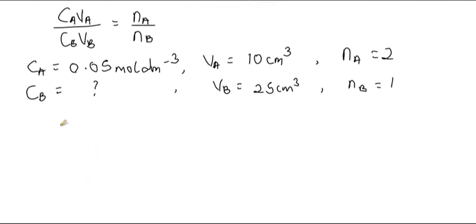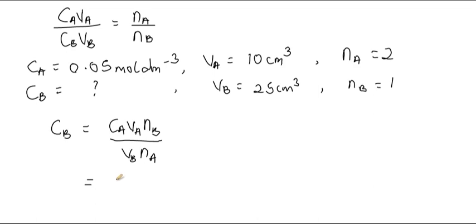So we have Cb to be equal to Ca times Va times Nb divided by Vb times Na. So let's substitute the values.